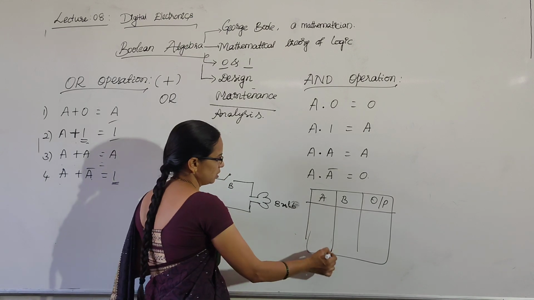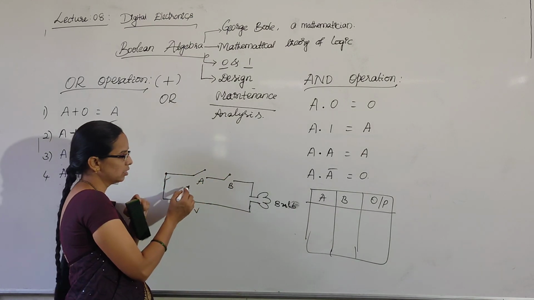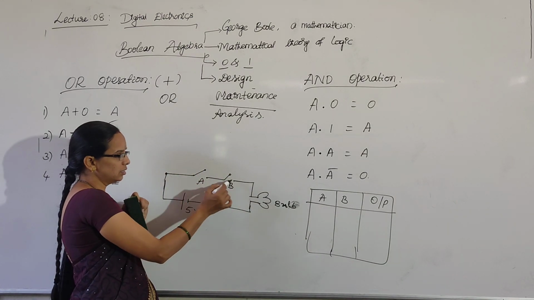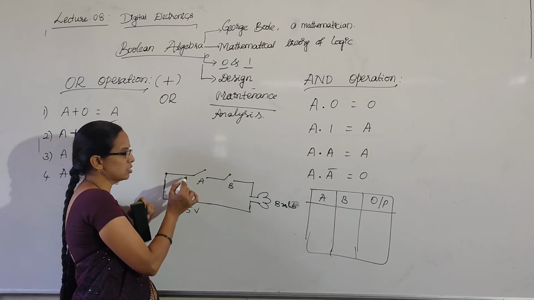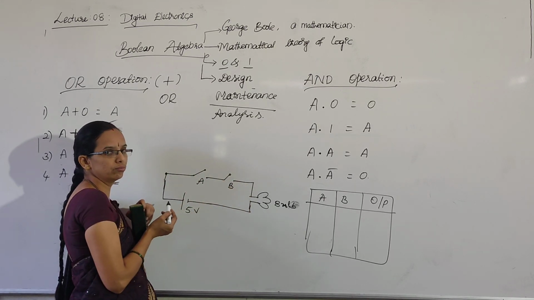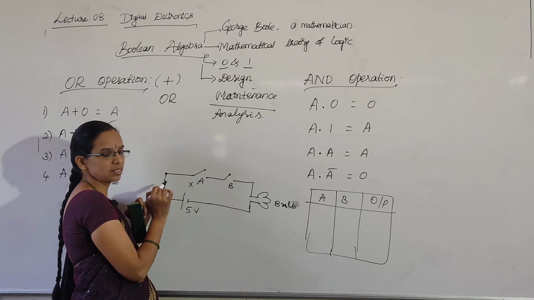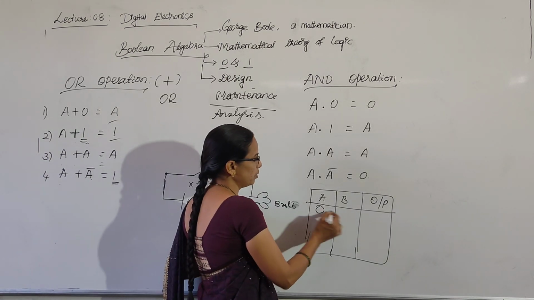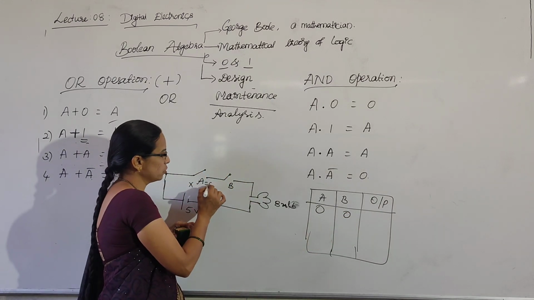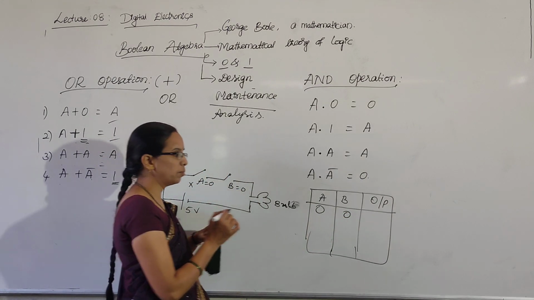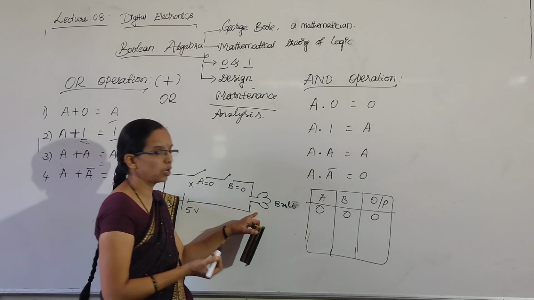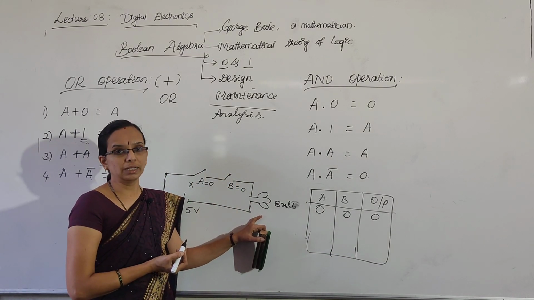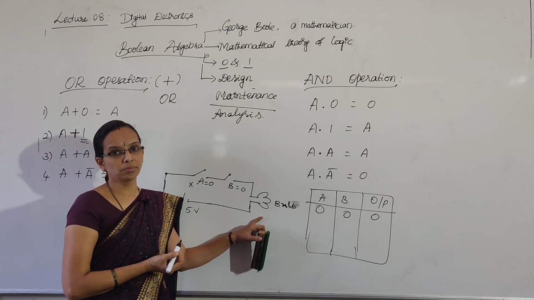In AND operation, if I make both the switches open, that means no path for the current to flow. Current will not flow in this circuit because both the switches are open. So if I make A equal to 0 and B equal to 0, the output will be 0 because the bulb will remain off.